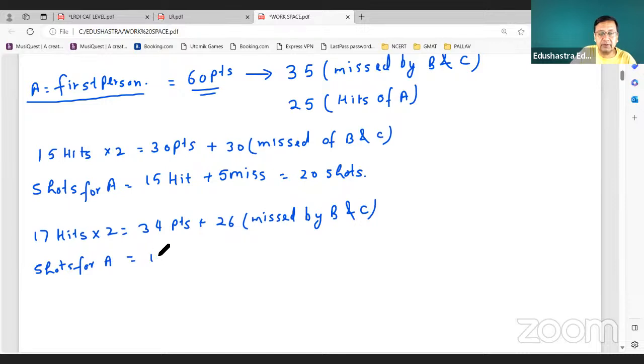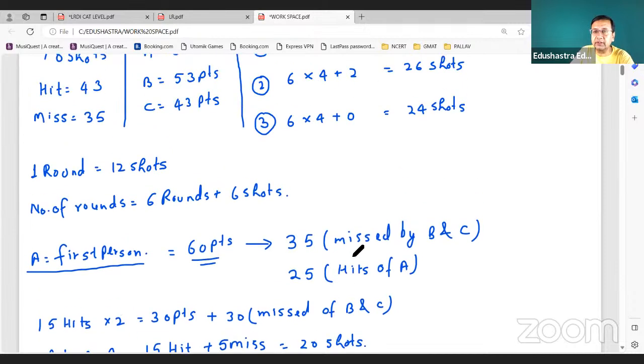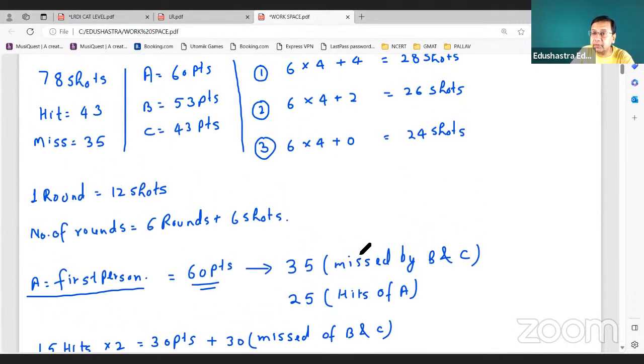So this is 17 hit plus 9 missed, right? So how much is this? 17 plus 9, that is 26 shots, right? And who is the person hitting 26 shots? The second person.